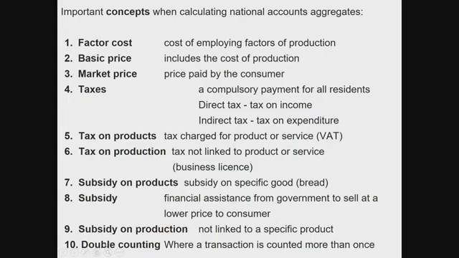And then very important to watch out for in national accounts aggregates is the idea behind double counting. So double counting exists where a transaction is counted more than once.